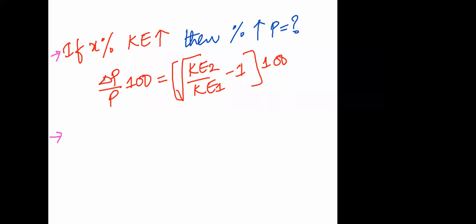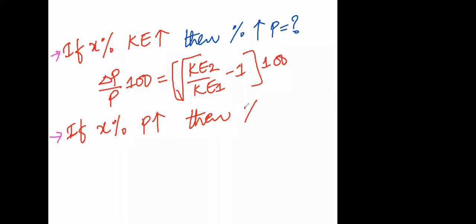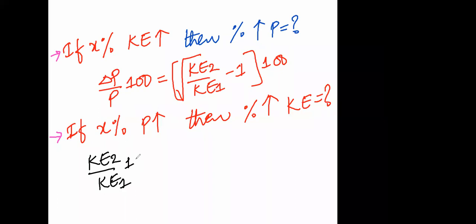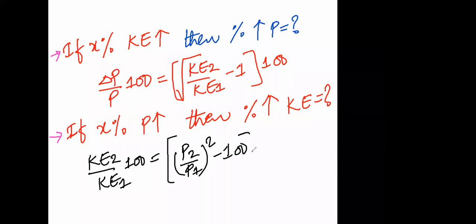Instead of that, if x percent of momentum is increased, then the percentage of increase in kinetic energy is given by the formula: KE2 divided by KE1 into 100 is equal to P2 divided by P1 whole square minus 1, into 100.